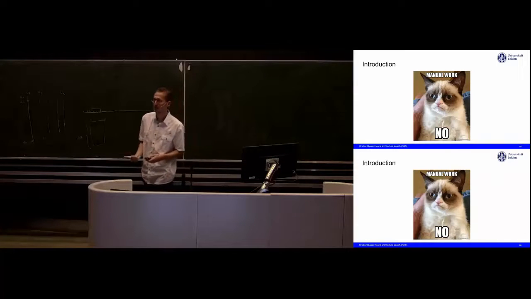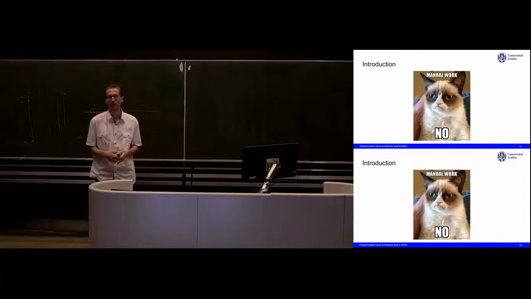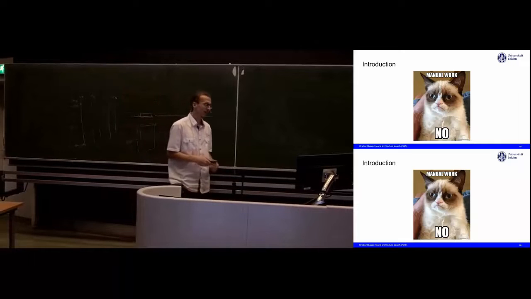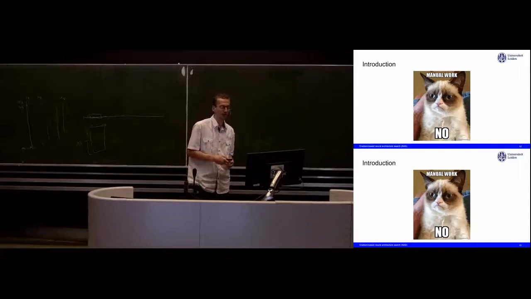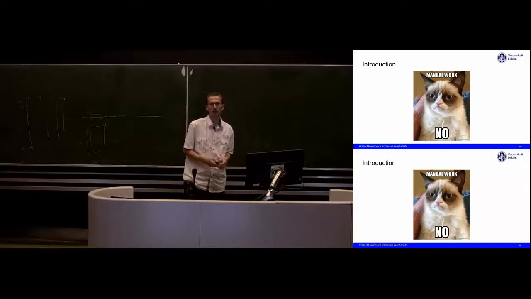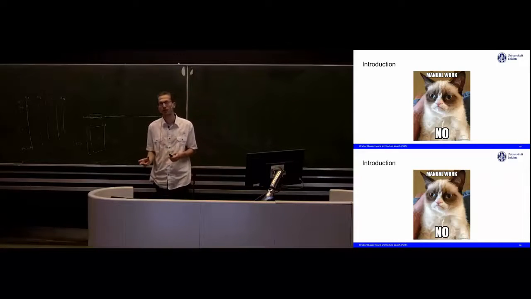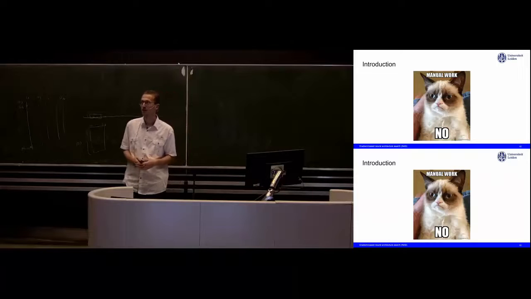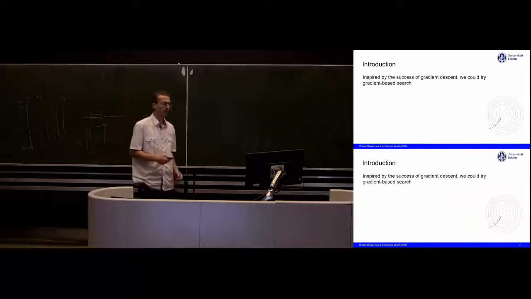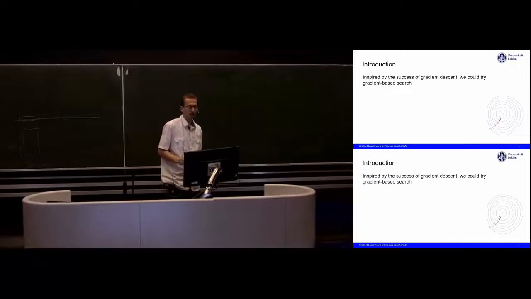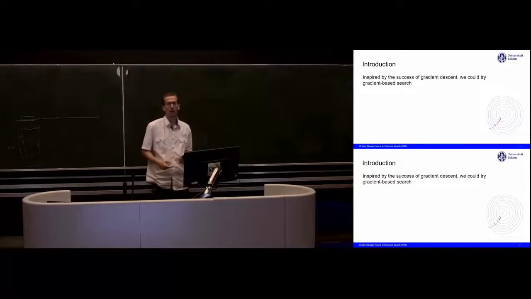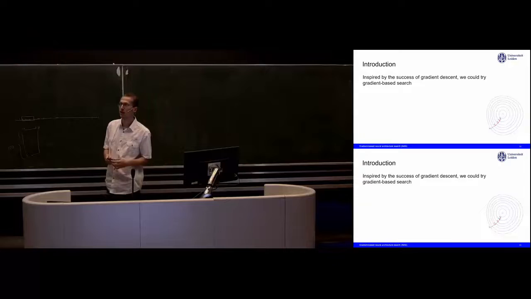It's expensive, it requires expert knowledge, and it's also probably suboptimal, right? So we want to automate this, and more specifically, we're going to look at a way to automate this using gradient descent, because gradient descent has been widely successful in deep learning. The question in this lecture is whether we can also apply this in order to find good neural architectures.